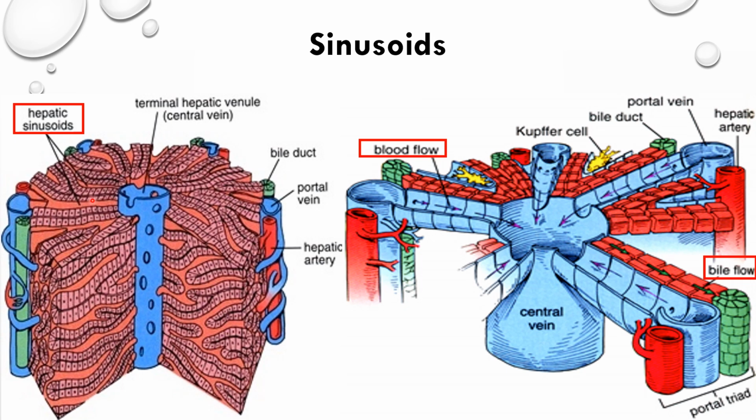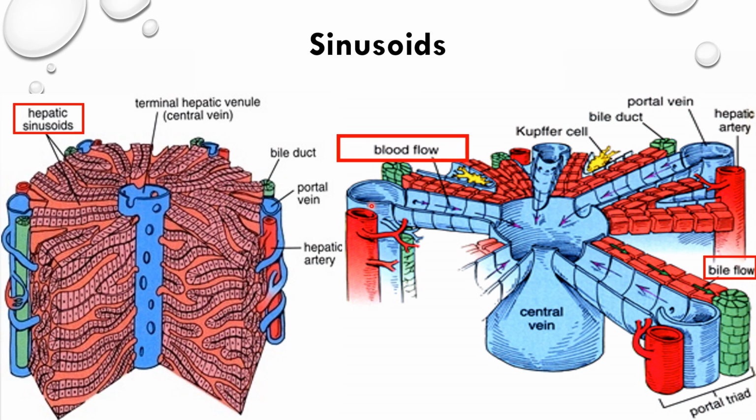Hepatic sinusoids, as we have discussed, the blood from the portal vein and the hepatic artery from the periphery gets tunneled in the hepatocytes. So this is the hepatic sinusoids, and blood from the periphery reaches the center to the central vein.